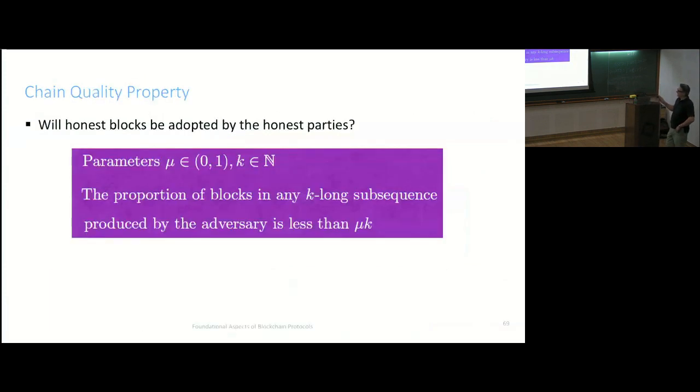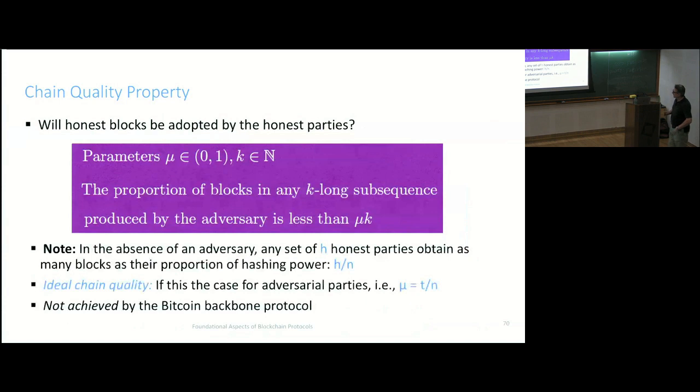We do something similar with chain quality. But the observation here is, what is it that we would like? We have a bunch of parties that are corrupted, right? A bunch of parties that are honest, doing their own thing. An ideal situation would be that this proportion of guys is represented in the blockchain, right?